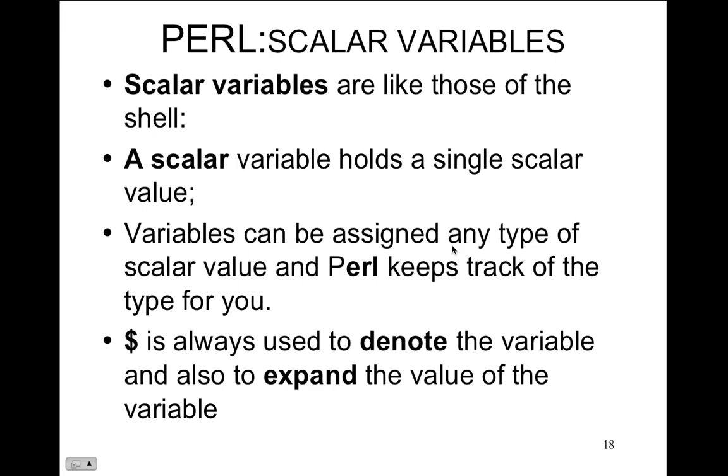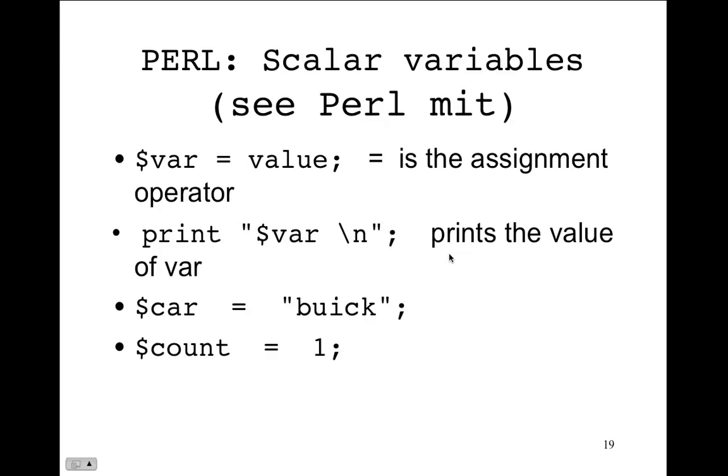The $ sign is always used to denote the variable and also to expand the value of the variable. So here are some examples. See the Perl documentation from MIT. Actually, there are more examples in that documentation, so if you go online, look at the MIT manual. If I go here to define a scalar variable, it's going to be equal to a value. This is an assignment operator, the same thing as in C, C++. So if I said print this one, it's the same syntax as C or C++, with the slash n at the end.